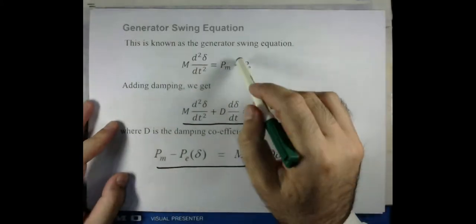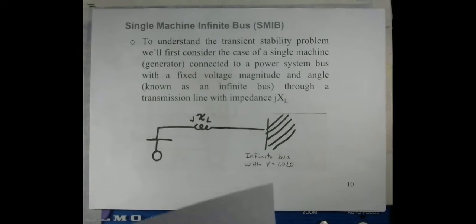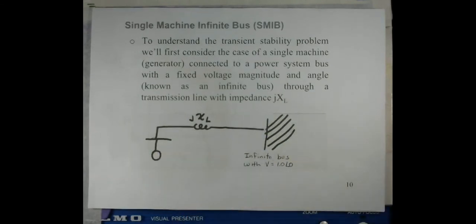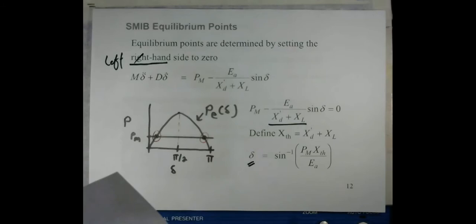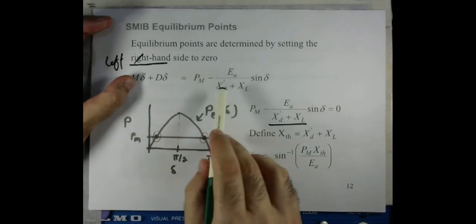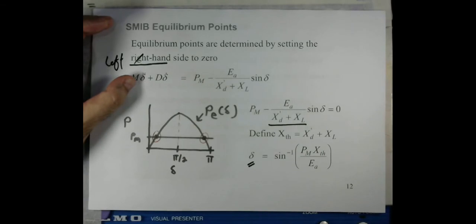So, we discussed the swing equation, and then for understanding the transient stability problem, we considered a simple case where we only took a machine connected to an infinite bus, and then we related the swing equation to the mechanical and electrical power of the machine.